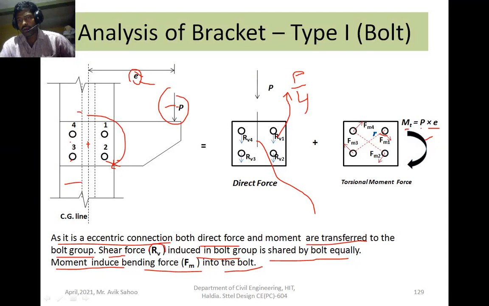Depending on radial distance, since all bolts are identical, different bending forces are induced, perpendicular to the radial axis, and they create a twisting moment equal to this MT, the total moment. This is the applied force and this is the resistive force, and it will create a twisting moment.